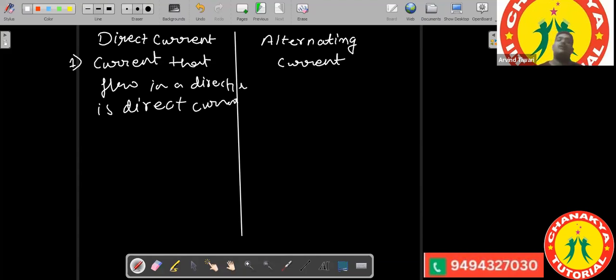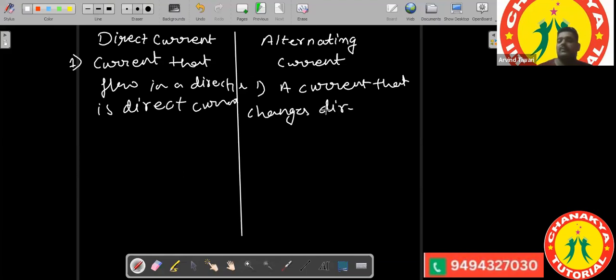And what is an alternating current? A current that changes its direction continuously. There is a change of direction in the AC current, or alternating current.